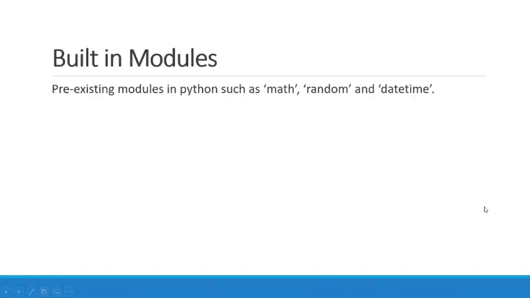Python also contains some built-in modules that are pre-installed in Python. For example, we have math, random, and datetime. The random module is used to generate a random number. In the same way, the math module is used for mathematical calculations.